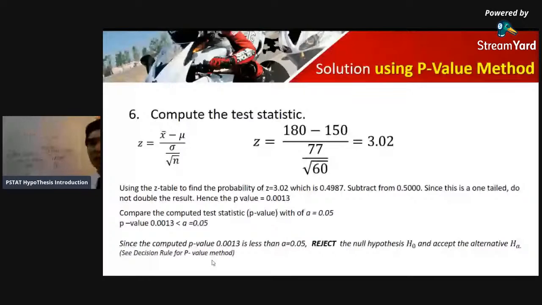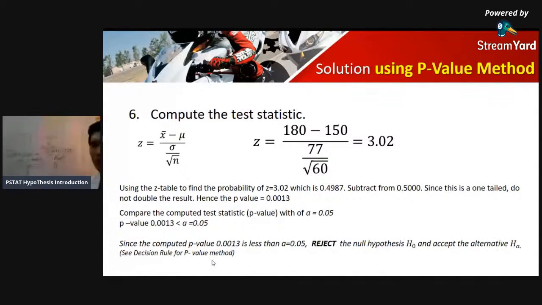Some books use 0.4990 or 0.4989, or 0.4987. I think they are using 0.4987 mostly. Some of the books use 0.4990 or 0.4989.